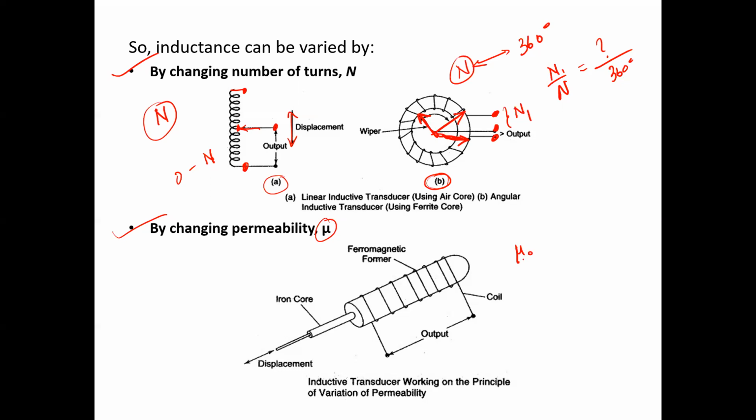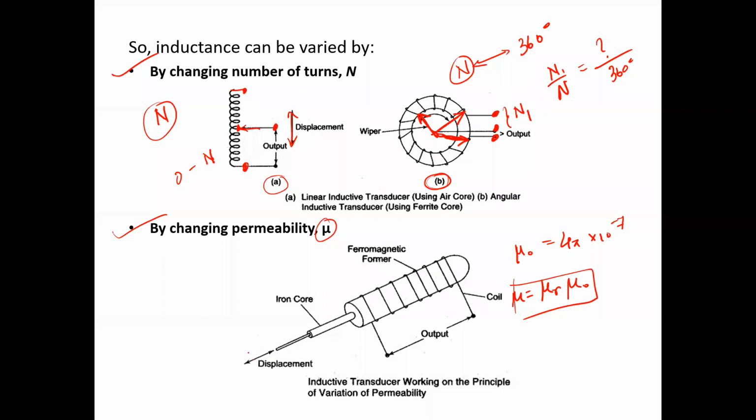For that you can say that the magnetic permeability will be mu naught, which is normally 4 pi into 10 to the power minus 7. Now when you are inserting an iron core or any other ferromagnetic core, depending upon the relative permeability of that particular magnetic material, your overall magnetic permeability will also change.